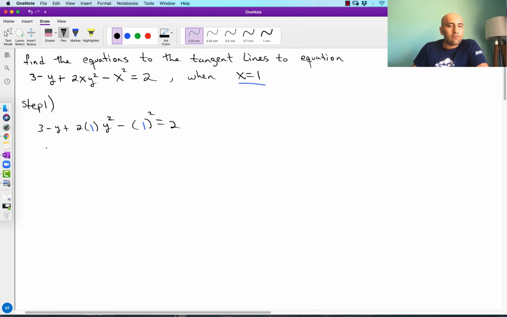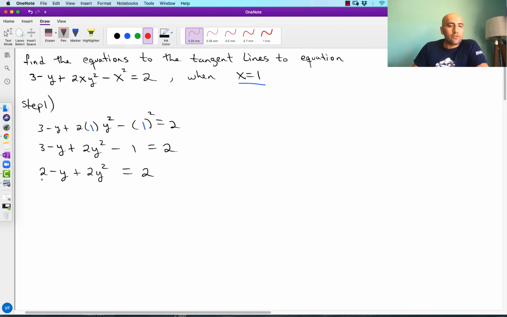Okay, so let's solve for y. 3 minus y plus 2y squared minus 1 equals 2. 3 minus 1 is 2. 2 minus y plus 2y squared equals 2.